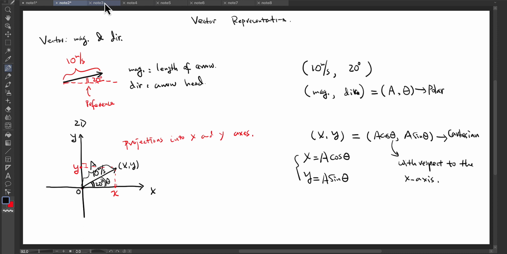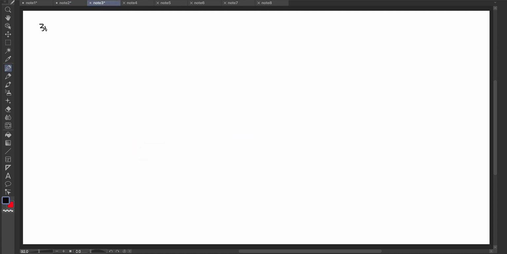Now in 3D, we have a similar representation. We can have two kinds of coordinate system to represent a vector in 3D.